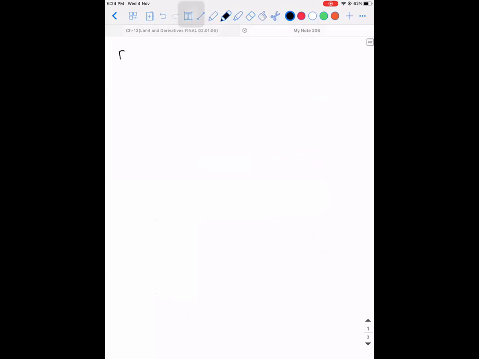Before that, let's recollect certain facts. Everybody knows what a function is. A function is a special type of relation where one input has only one output. Input means every point in the domain will be mapped only to one particular point in the codomain.